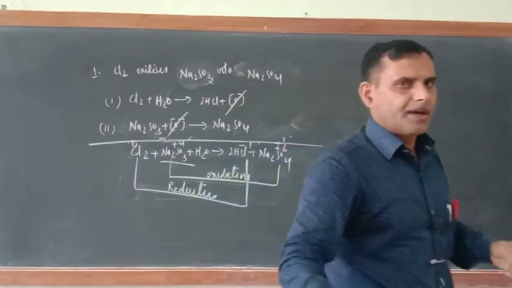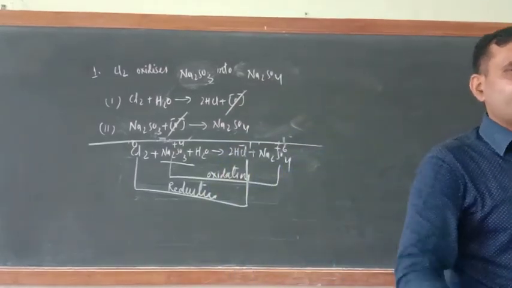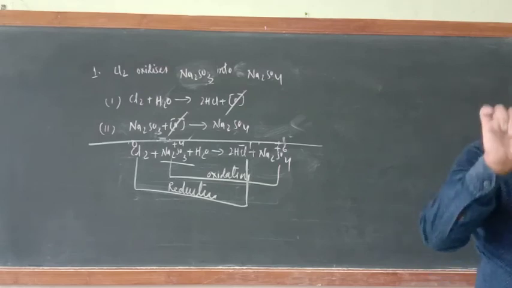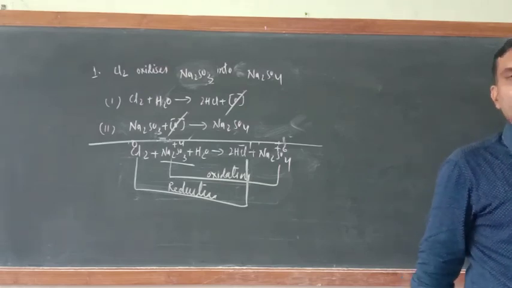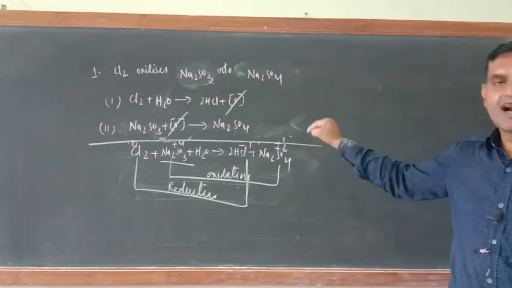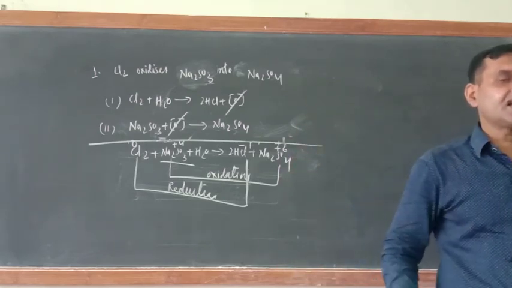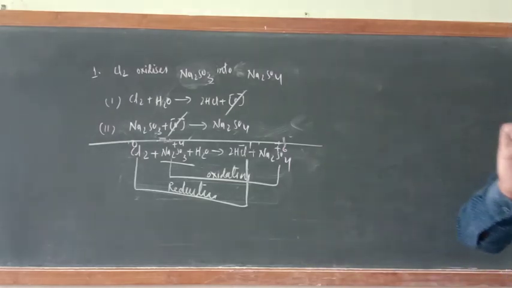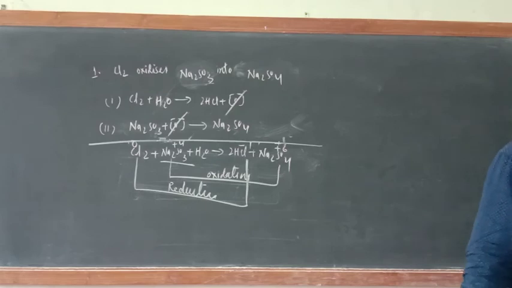Always remember, if you are writing the reaction in 2 steps, it is very easy for you. If directly as it is given in the NCERT book, then you have to memorize. Here you are understanding which one is the oxidizing agent and which one is the reducing agent. That is why always follow the step by step reaction. No need to memorize.